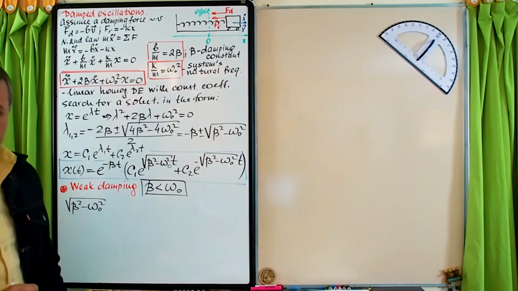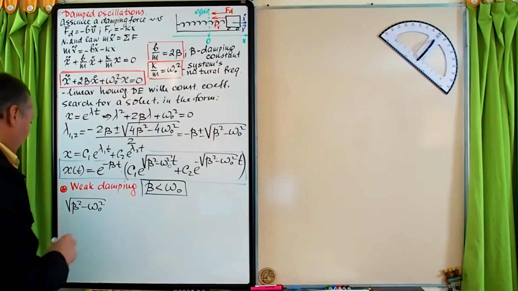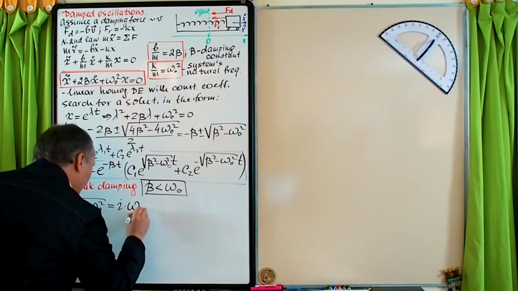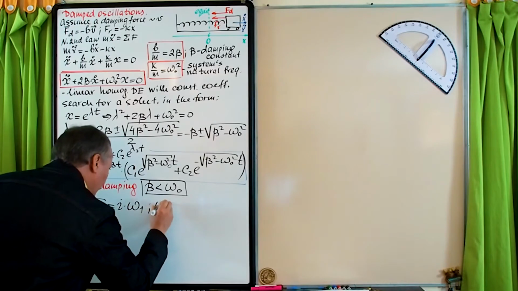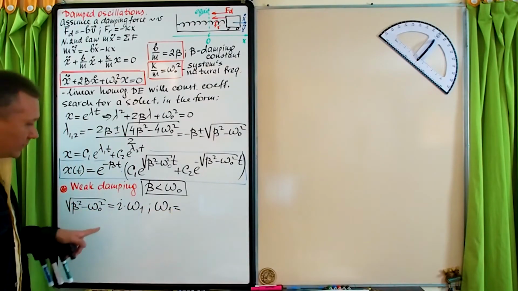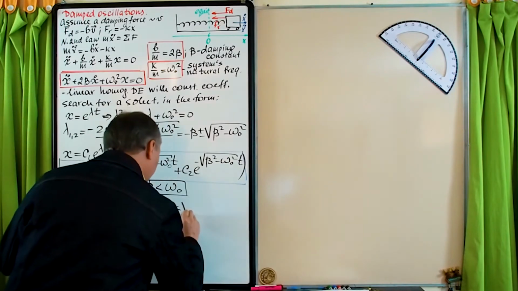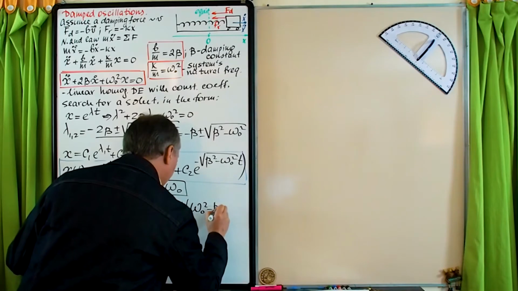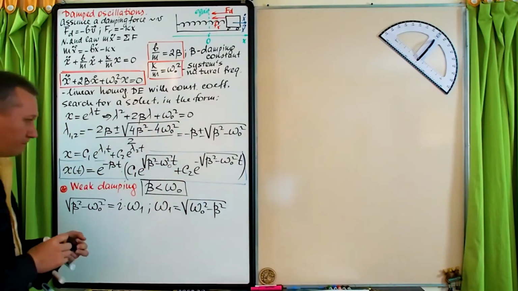Okay, now this is the solution. So it will be, of course, i, and let me introduce a new frequency omega 1, where omega 1 is basically this radical when we flip the order of these terms. Change the order: omega 1 equals the square root of omega naught squared minus beta squared.